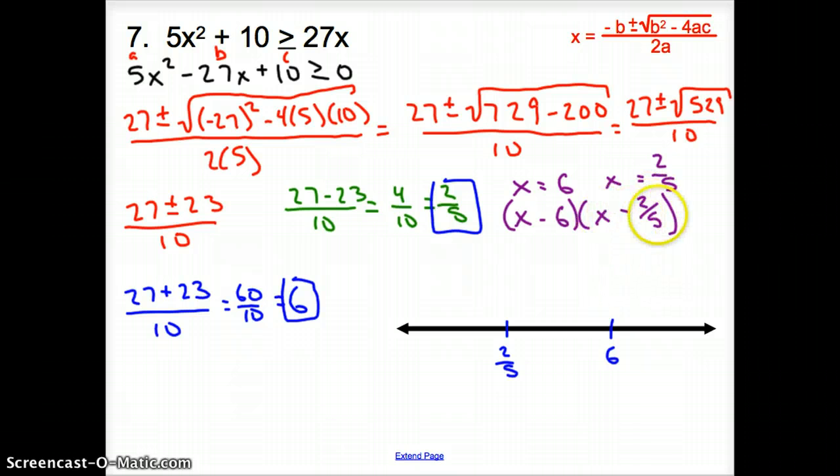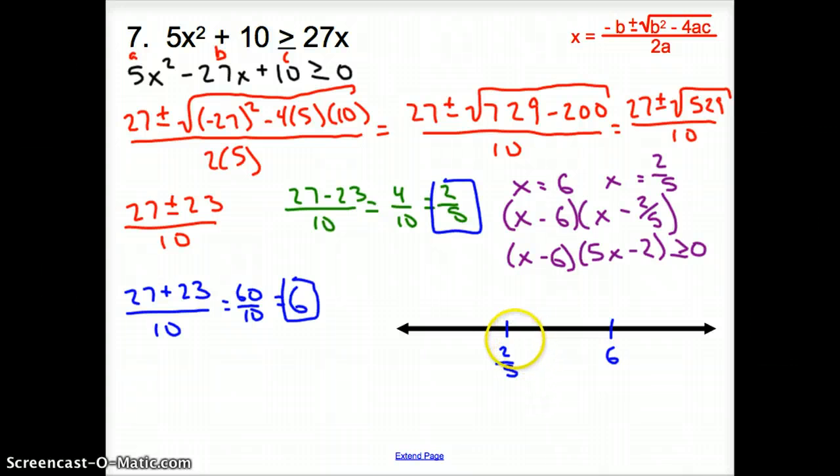Here we had to multiply by 5 to get the 5 off the bottom, so we had 5x minus 2 and x minus 6. These guys should multiply to this. So would you say that this has to be greater than or equal to 0? I'm going to say that one more time. This multiplies to that. So that was greater than or equal to 0, so this should be greater than or equal to 0. We have both of our solutions.